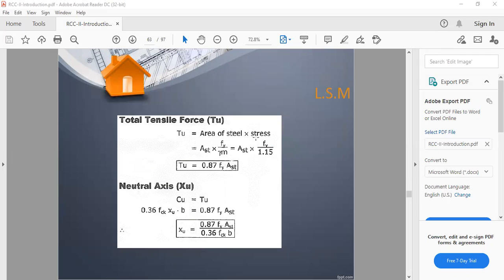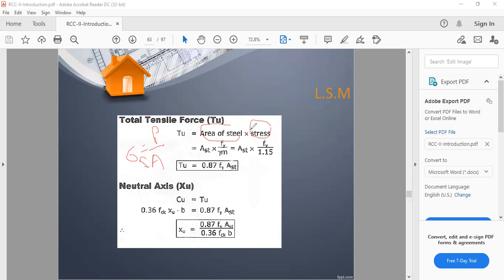Now, how is the total tensile force arrived? The total tensile force equals the area of steel multiplied by stress. As you know, stress equals force divided by area, so force equals stress multiplied by area.